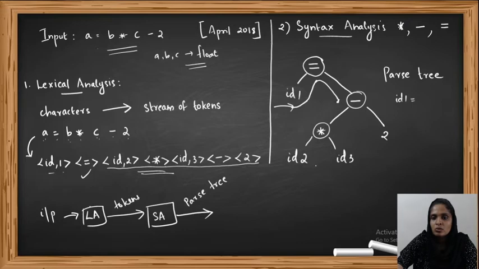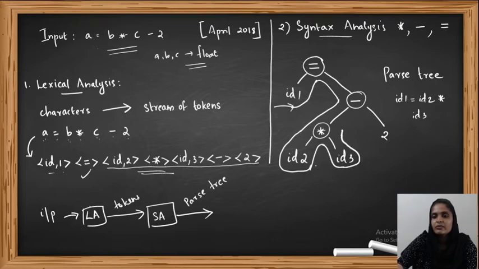So we have to go till the leftmost end. So here, this is the end. Now we saw ID2. Now we come here and we saw star. Then when we come here, we saw ID3, and we went back to subtraction, that is minus, and finally we saw 2.